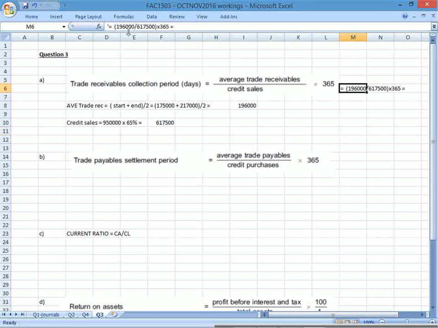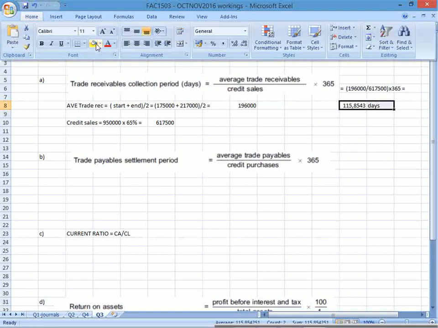Okay, so I'm going to take that and I'm going to solve. Can't be 0, oh, no wonder the x. Okay, there we go. Right, so 115 days. There's the answer for number A.